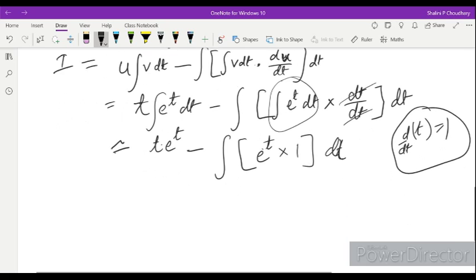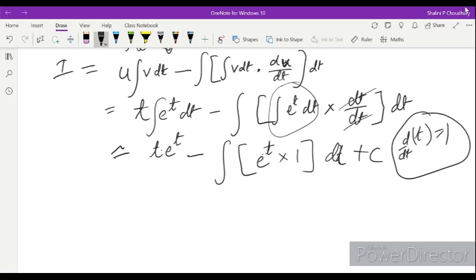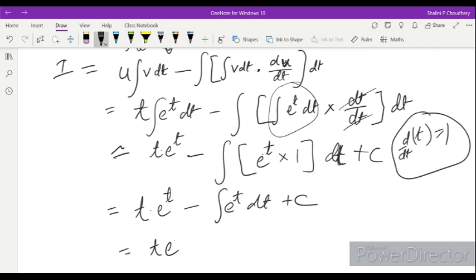And plus c we have to write. So it will be t into e to the power t minus integral of e to the power t dt plus c. So t e to the power t minus e to the power t plus c.